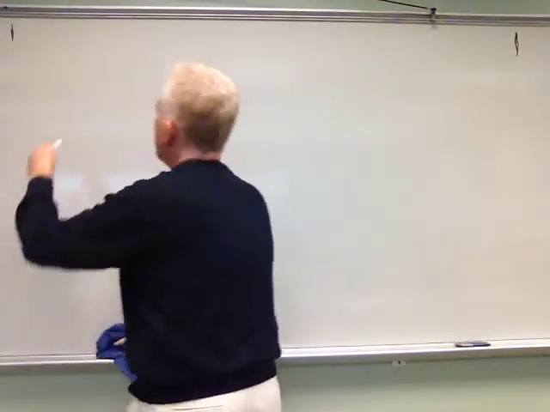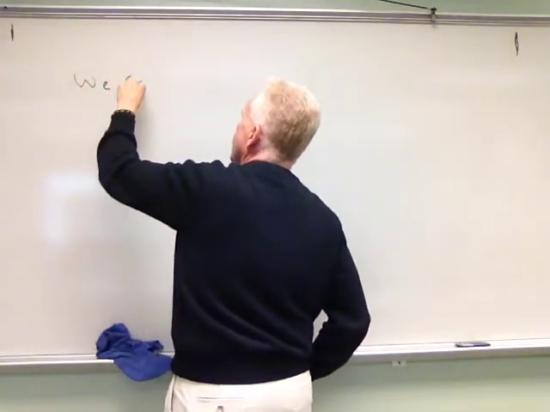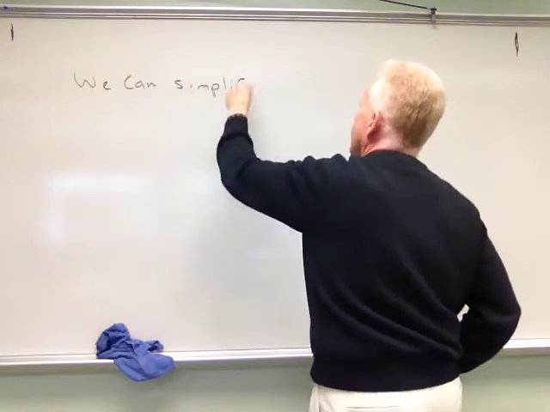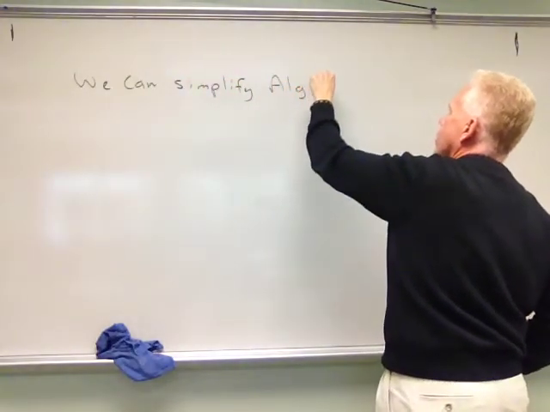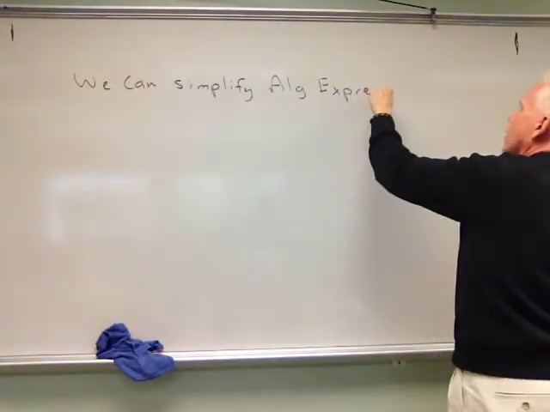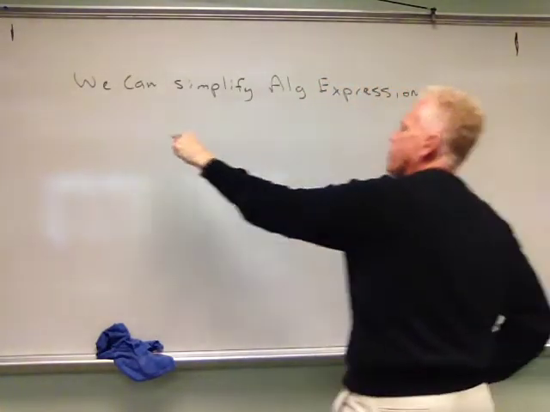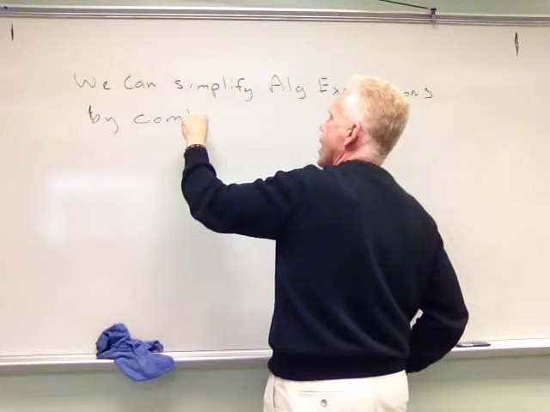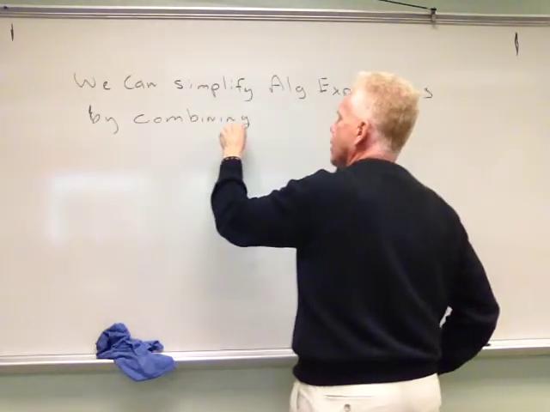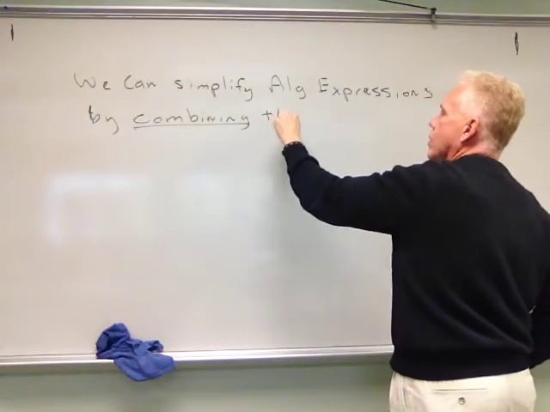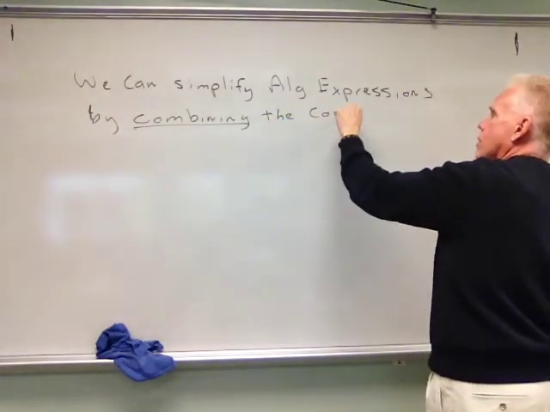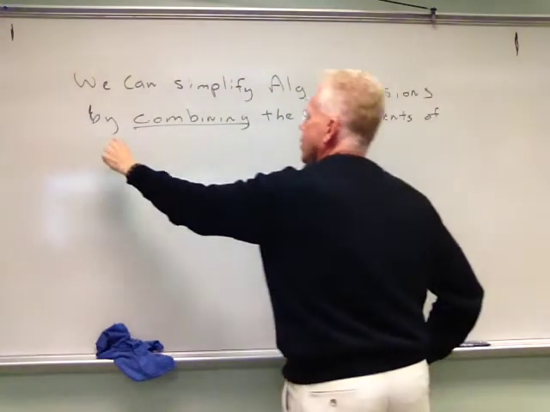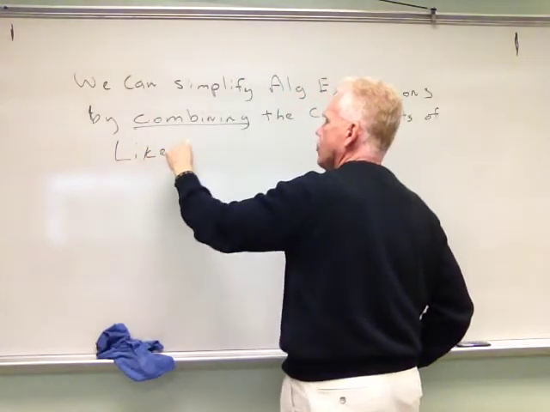We can simplify algebraic expressions by combining, that is adding or subtracting, the coefficients of like terms.